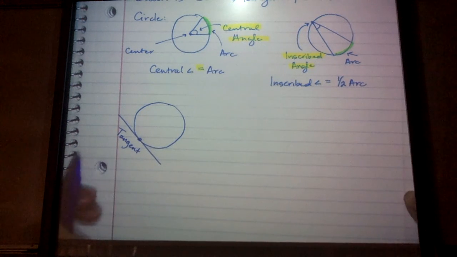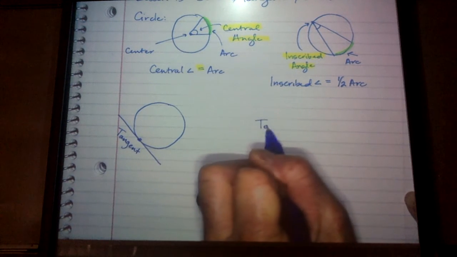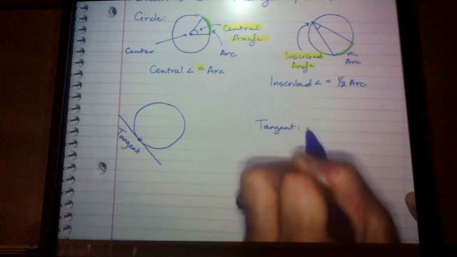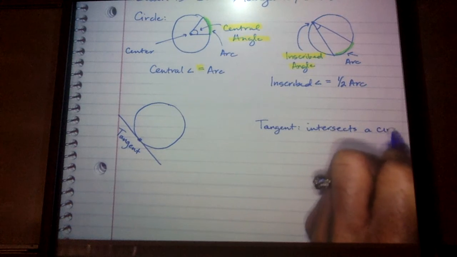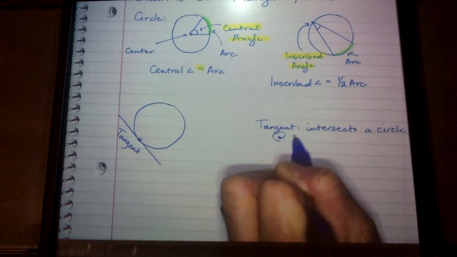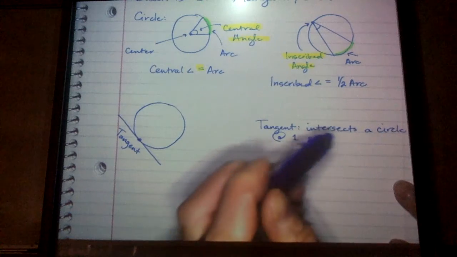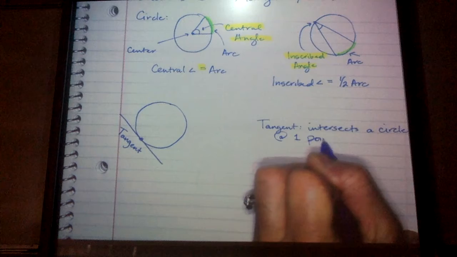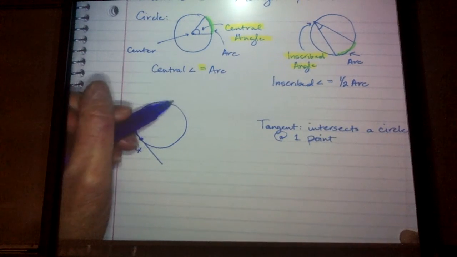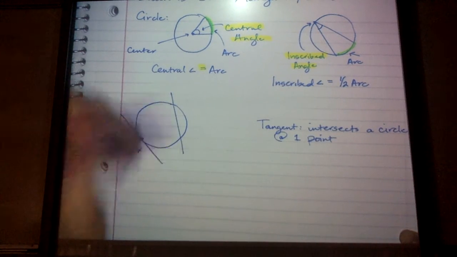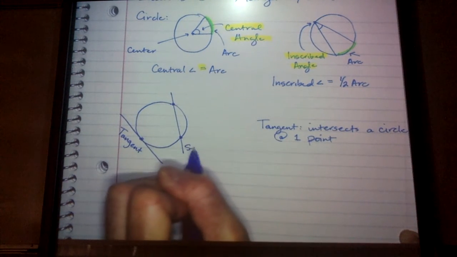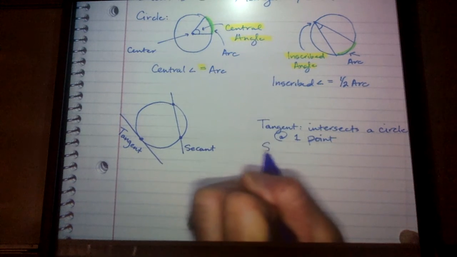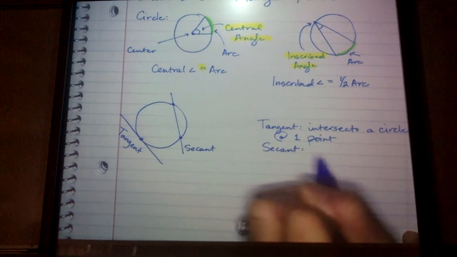It only intersects a circle at one point. A secant line will intersect in two spots, or two points.